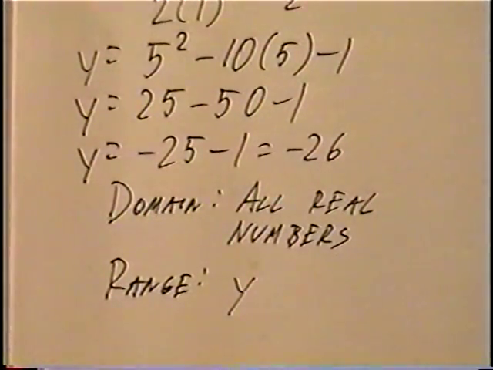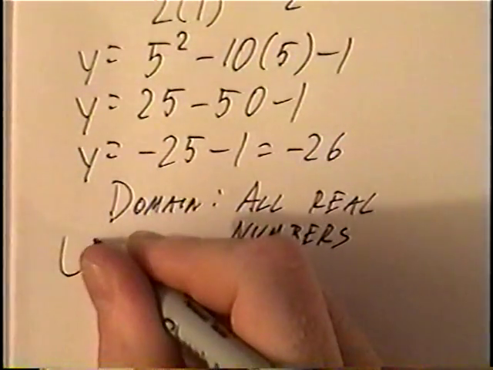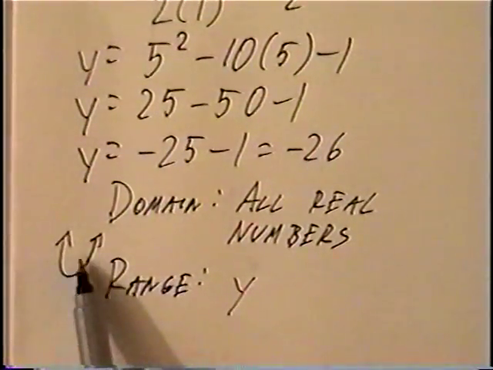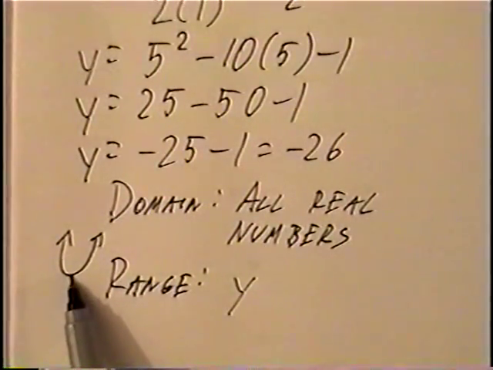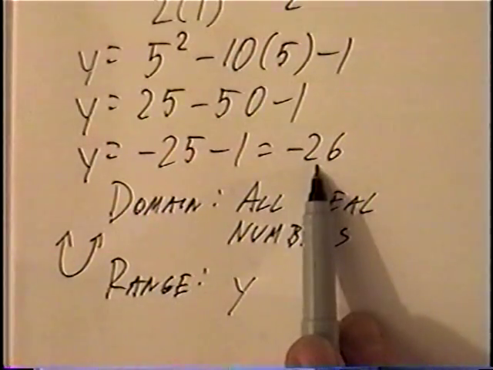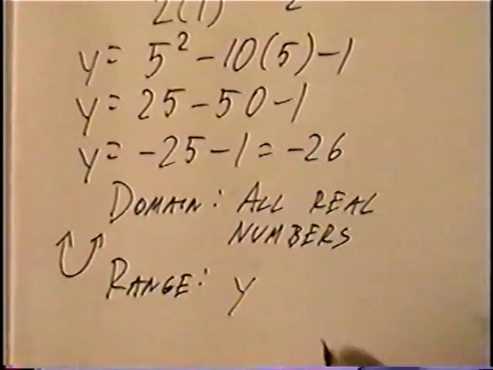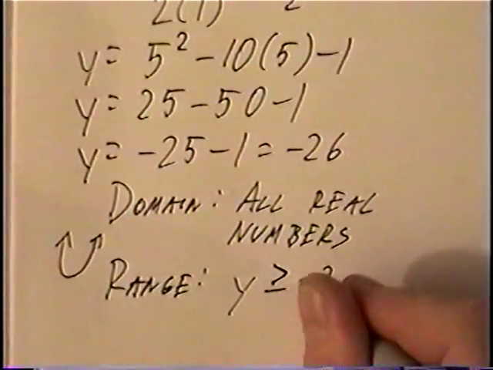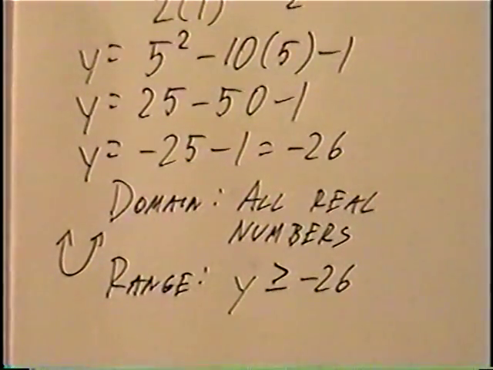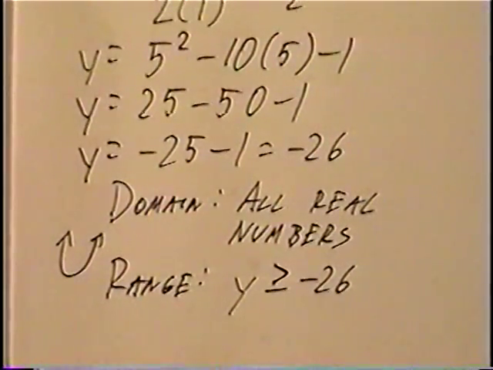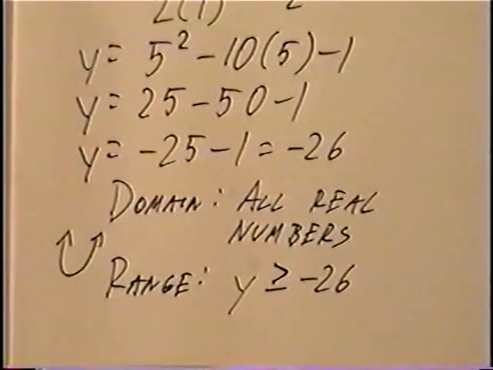Looking back at the original question, we had a positive x squared. A positive x squared again means the parabola opens up. If the parabola opens up, that means we'll have a smallest point or minimum value. That minimum value is negative 26. So the range, all the numbers have to be greater than or equal to negative 26. So our domain is all real numbers, and the range, y, greater than or equal to negative 26.